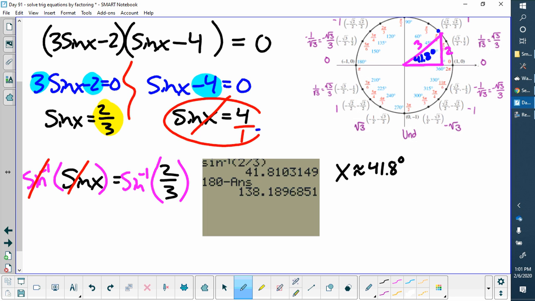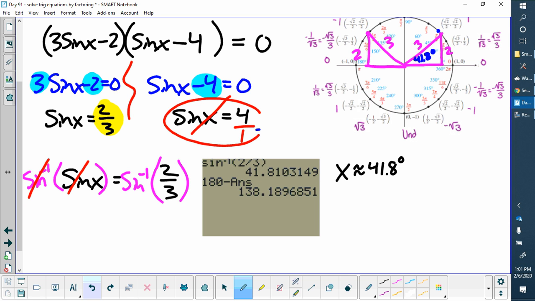There is another right triangle over here to the left, about in this vicinity. That would also have a positive 2 and a positive 3. Now I wouldn't go down here because this is negative 2 over positive 3, and I'm not looking for negative 2/3. Again, right here, 2/3.